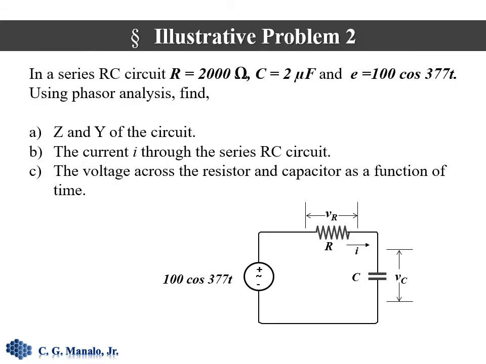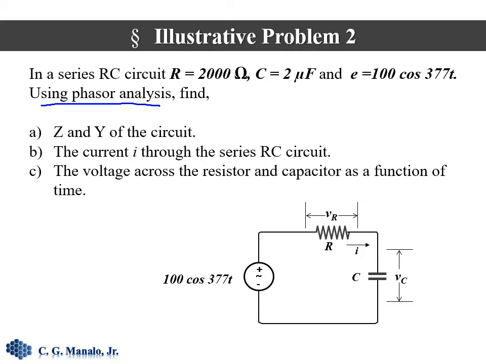This example pertains to a series RC problem, and this is the same problem that we did in one of our examples in time domain analysis. So this is a repeat, except that we're going to use phasor analysis to solve the problem.